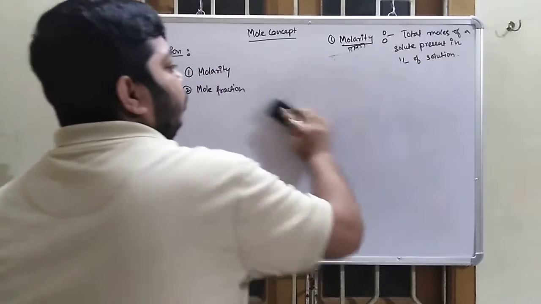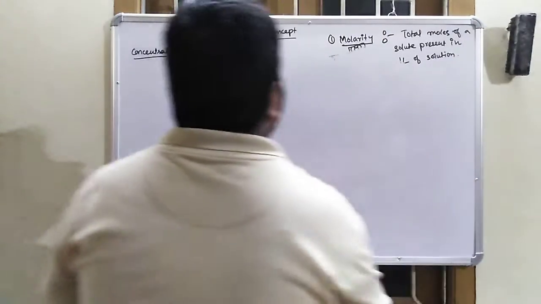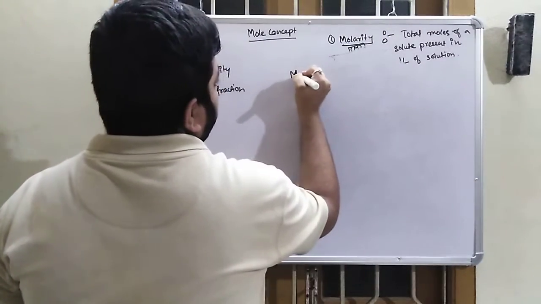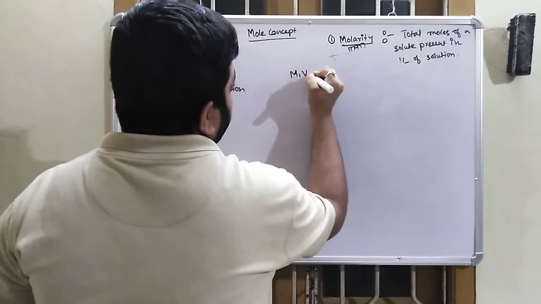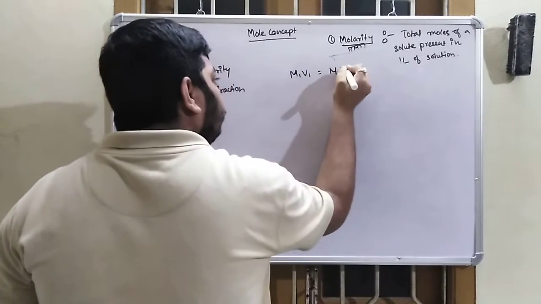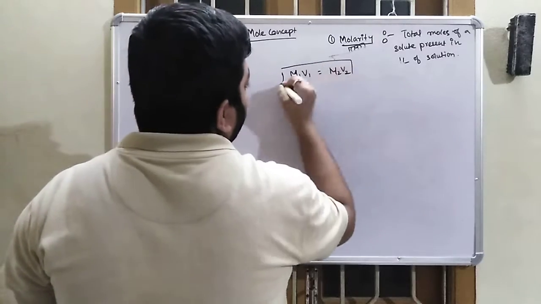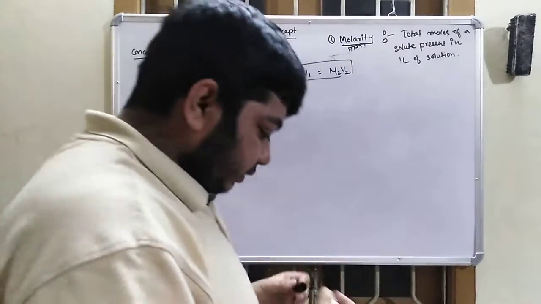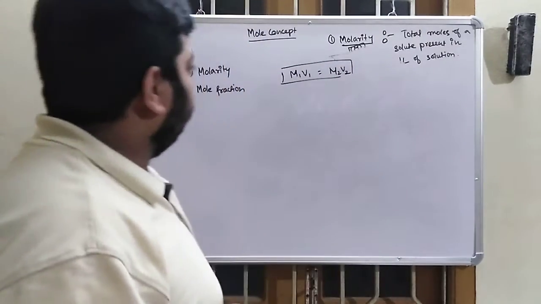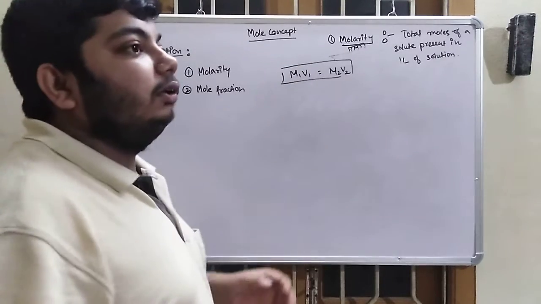Now there is another law or equation, that is M1V1 equals M2V2. When is this equation helpful?